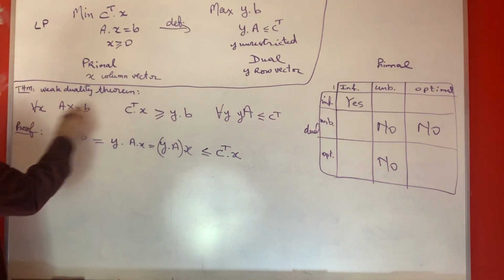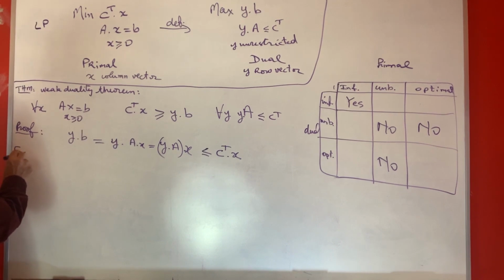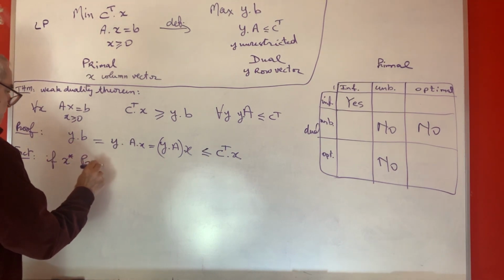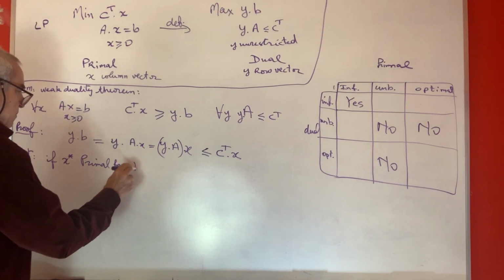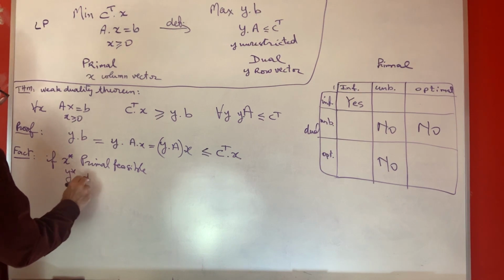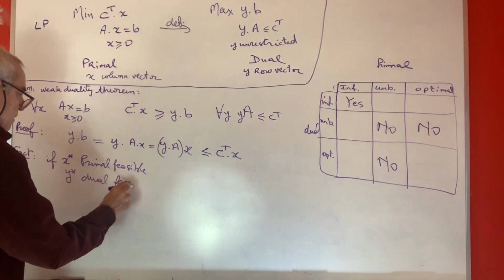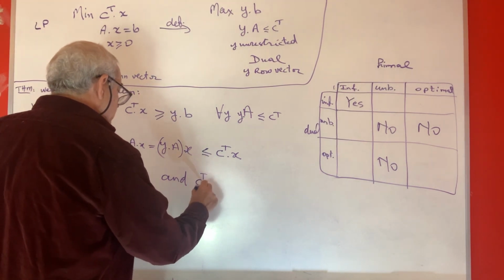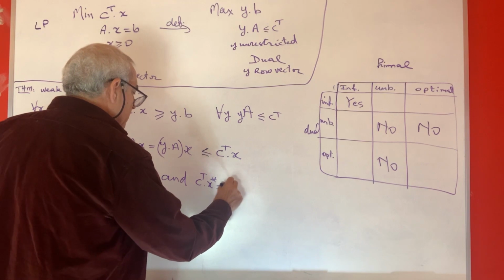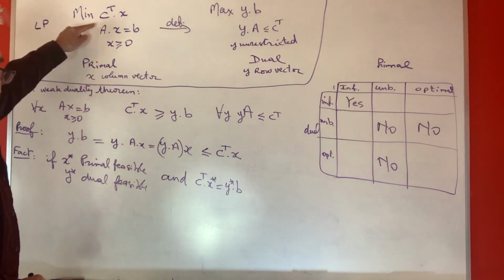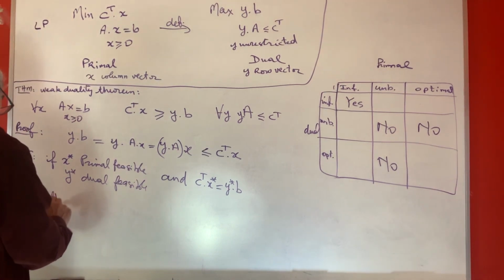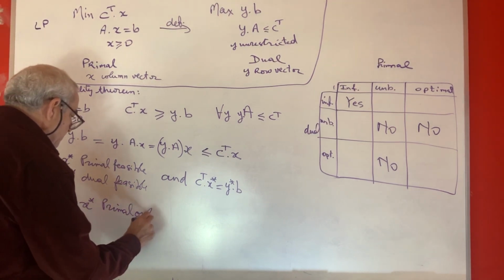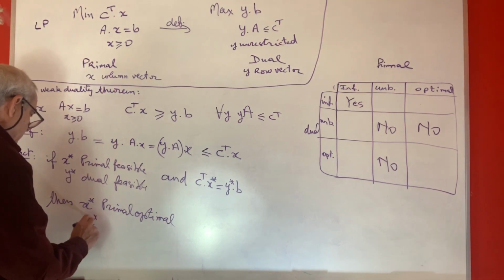So here's a fact, a direct corollary to this. Fact: if x star is primal feasible and y star is dual feasible, and c transpose x star equals y star b, which means the objective of this is equal to the objective of that, then x star is primal optimal and y star is dual optimal.